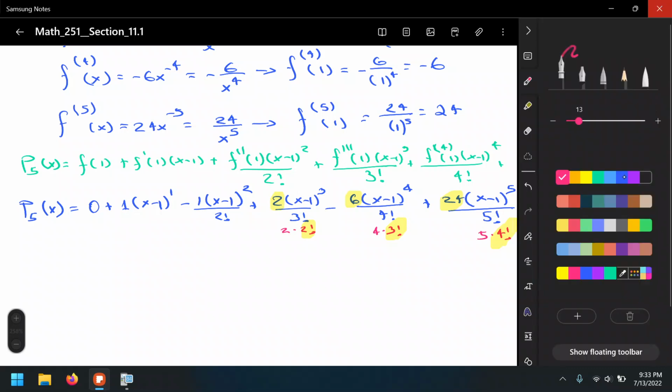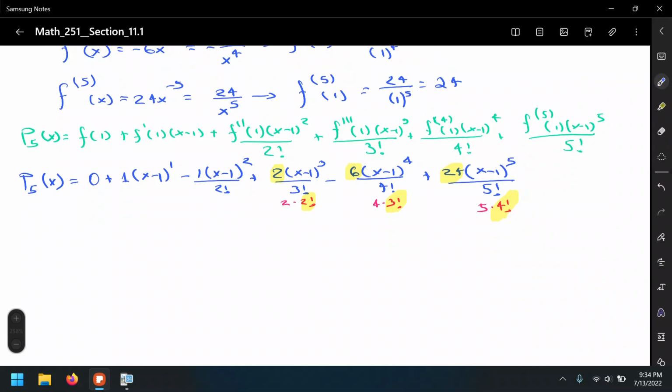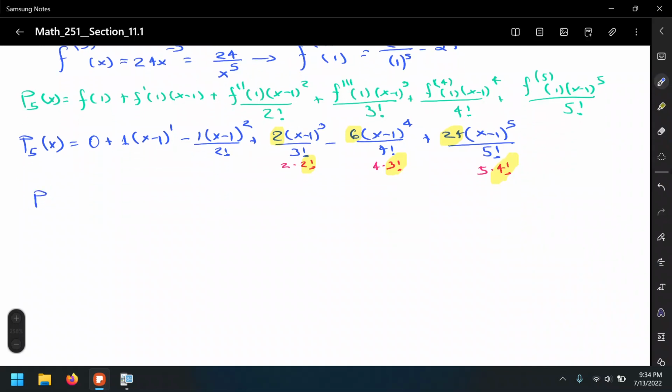All right. So p sub 5 of x will be x minus 1 to the first power.